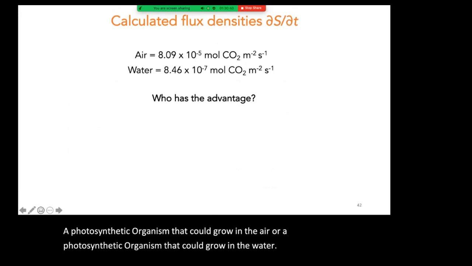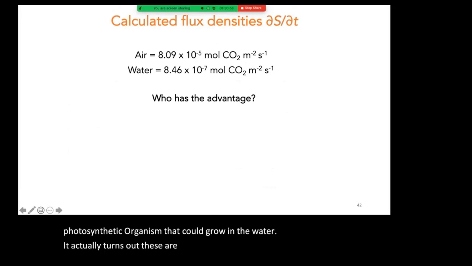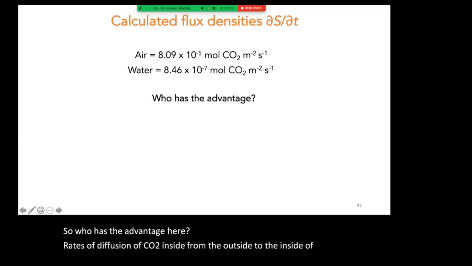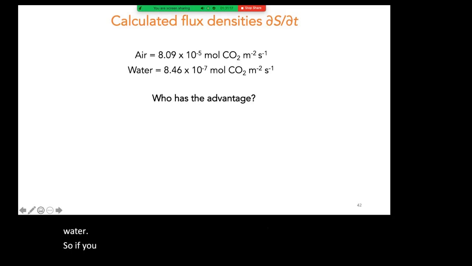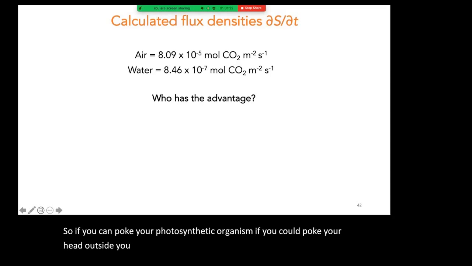It turns out these are the calculated flux densities. This is the rate at which CO2 is diffusing. So who has the advantage here? The rate of diffusion of CO2 from the outside to the inside of a plant cell is 5, 6, 7, 2 orders of magnitude faster living in the air than living in the water. If you can poke your head outside, you can diffuse CO2 much faster in the air than in the water.